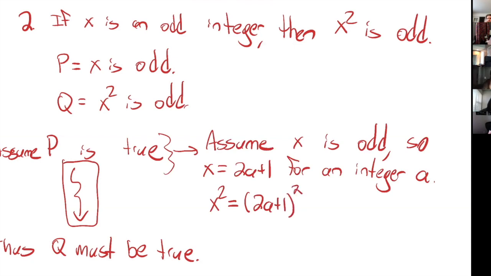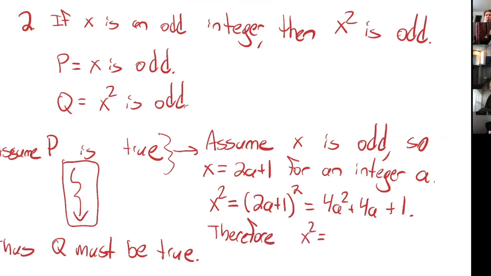Some people were asking what's the proper way to write equations in a proof. Well, you just can write an equation, right? An equation is a sentence. So here we've got 4a squared plus 4a plus 1. So from this, we can see x squared is equal to 2 times (2a squared plus 2a) plus 1.